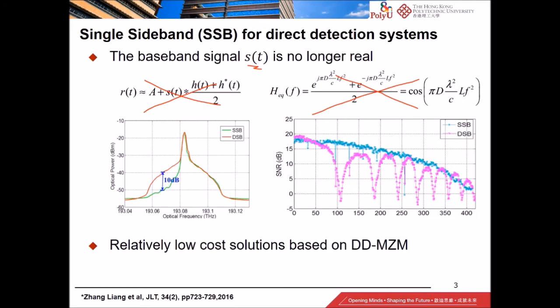Okay, so as shown in the graph on the right, which shows the SNR, meaning the received signal power, as a function of subcarrier numbers, also meaning frequencies. You can see that for double sideband signals, there's a significant amount of fading. But for single sideband, there's essentially no fading.